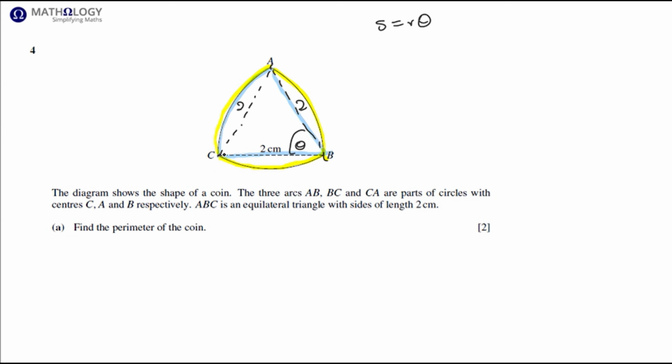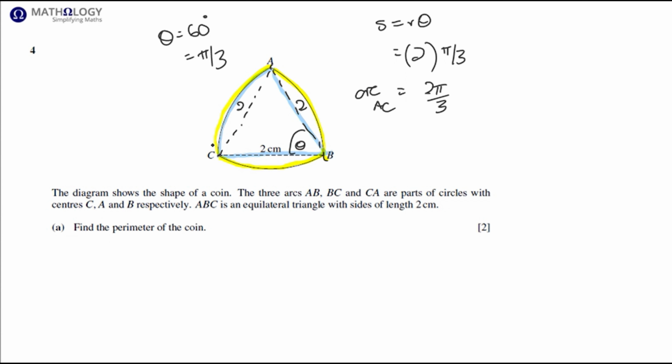So to find the arc length AC, the radius of that sector is AB or BC, they're 2 centimeters. So radius is 2, and theta is the interior angle of equilateral triangle ABC, which is 60 degrees, in terms of radians, pi by 3. So theta will be pi by 3. So arc length AC is 2 pi by 3.